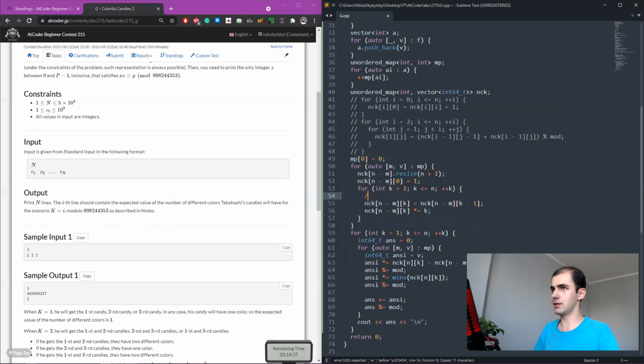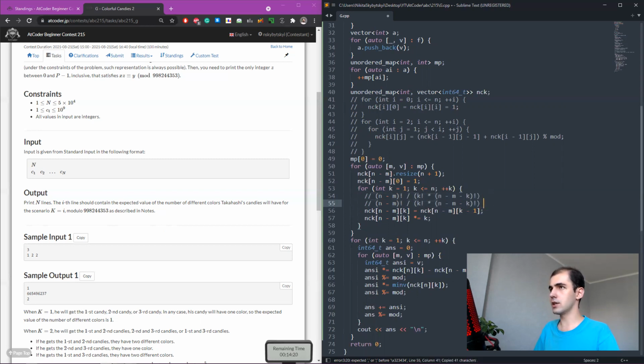So what is that? That is this factorial divided by this factorial times n minus m minus k factorial. The previous body is k minus 1 factorial, but here k plus 1 factorial.